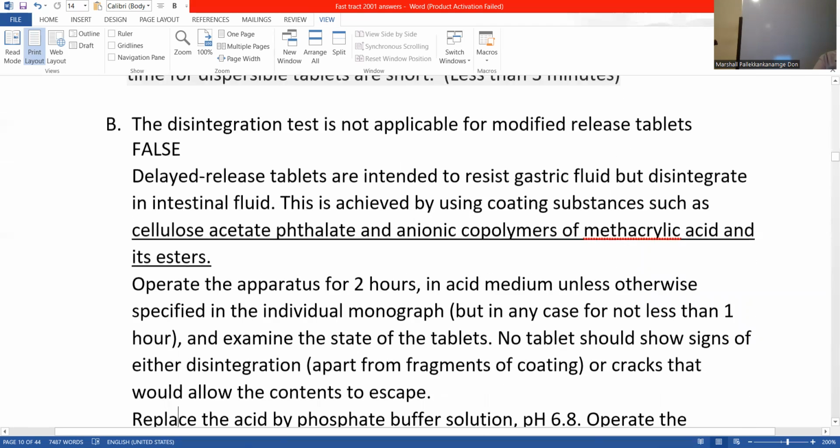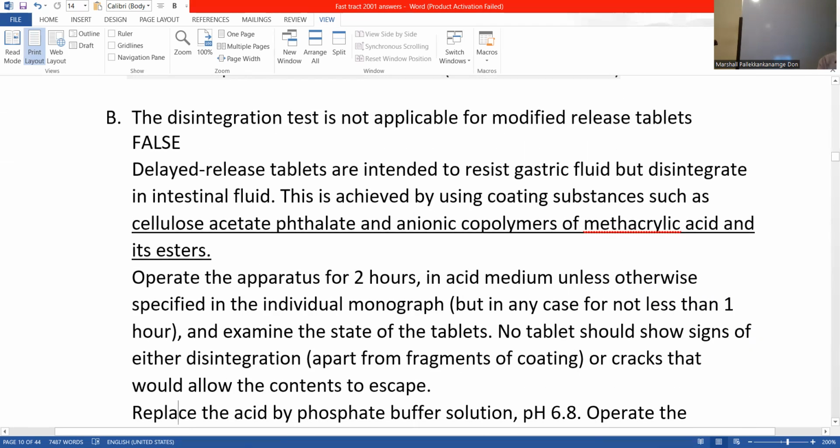B, the disintegration test is not applicable for modified release tablets. Modified release means it is not like an ordinary traditional tablet. It will not break down quickly, and will not give the whole thing for solution immediately like other tablets. So they are timely release tablets.